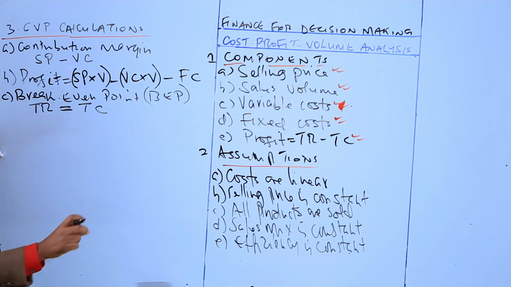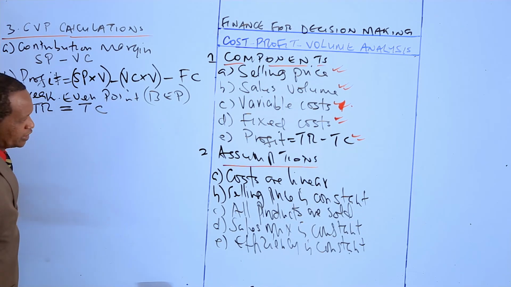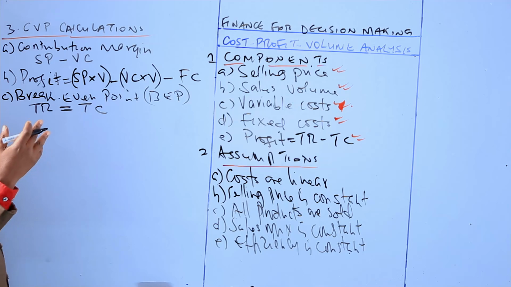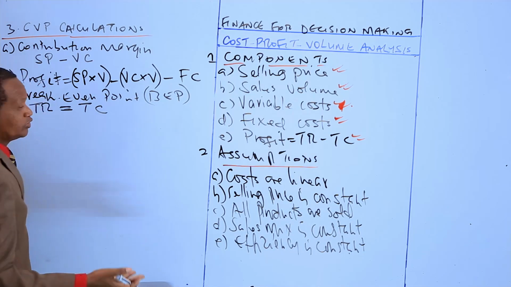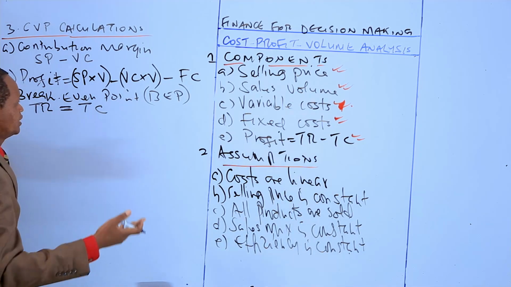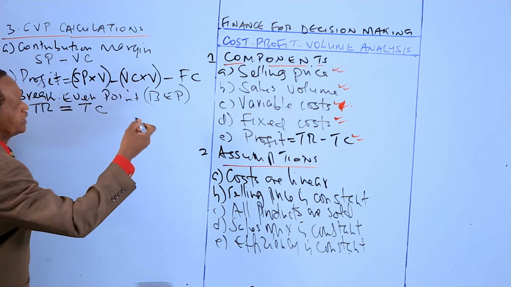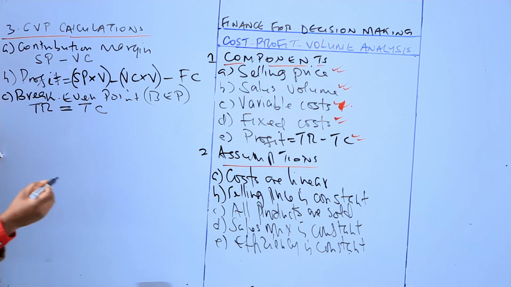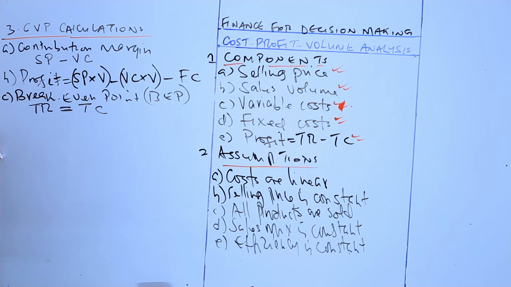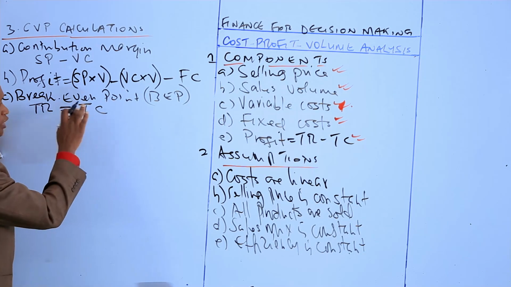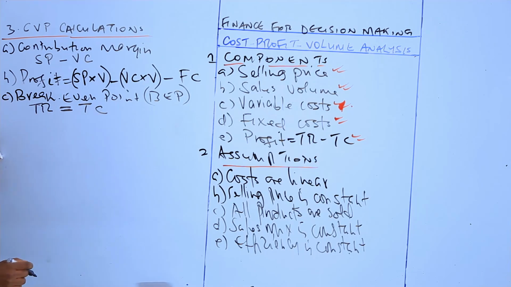Because if your total revenue is, say, 100,000 and your total cost is 100,000, then your profit, total revenue minus total cost, is equal to 0. So at break-even point, the profit is 0.